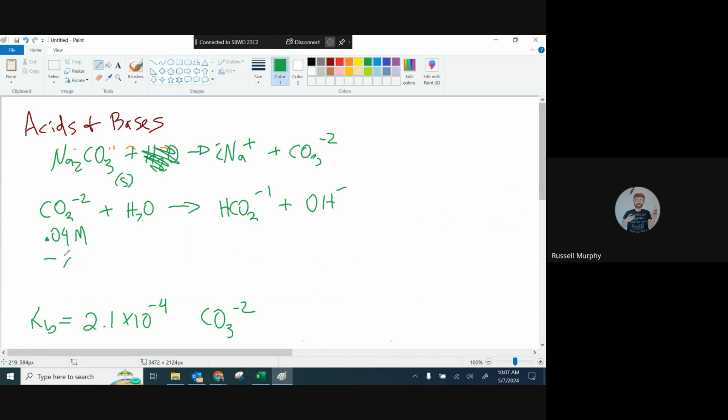And so you subtract some amount, you gain some amount. And so then 2.1 times 10 to the minus 4 should equal x squared over 0.04 minus x. And hopefully the x value is small enough that we can ignore its existence.